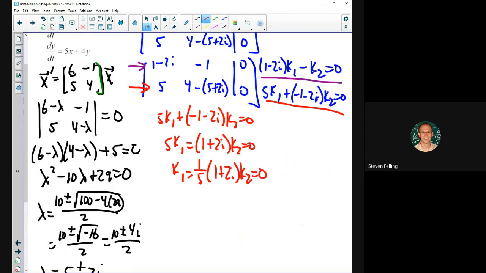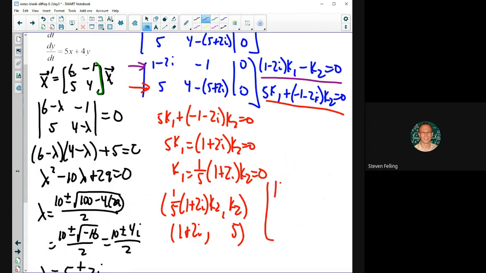Okay, which means that we can allow k2 to be whatever we want, but k1 has to be 1/5 times 1 plus 2i times whatever we decided k2 to be. So to make it convenient, I could choose 5 here, which makes this become just 1 plus 2i. So my eigenvector would be 1 plus 2i for the x component and 5 for the y component, right?